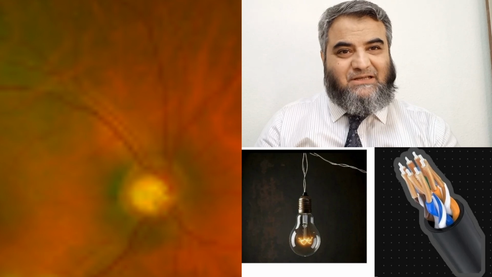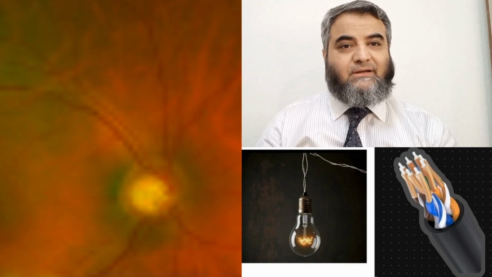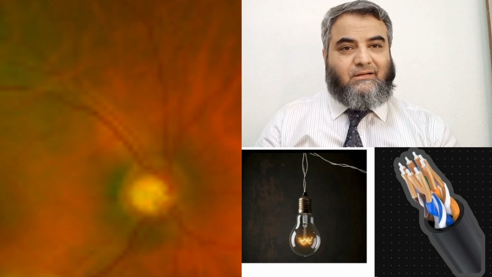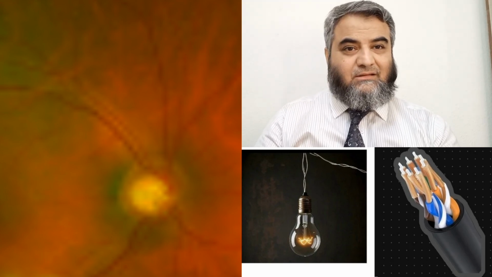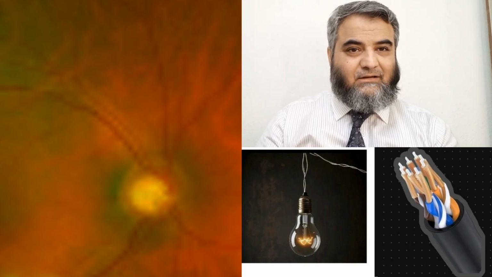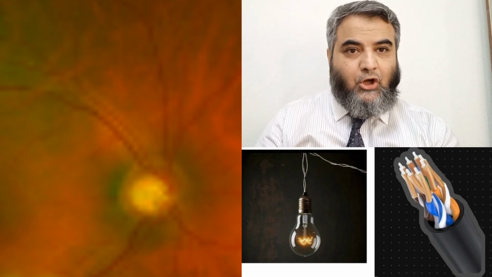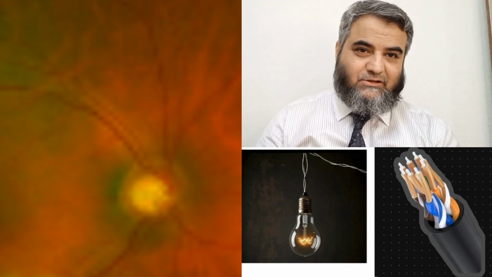When the pressure builds up, these wires inside the optic nerve start dying. And once these nerve fibers inside the optic nerve are dead, they do not regenerate. The damage is irreversible.